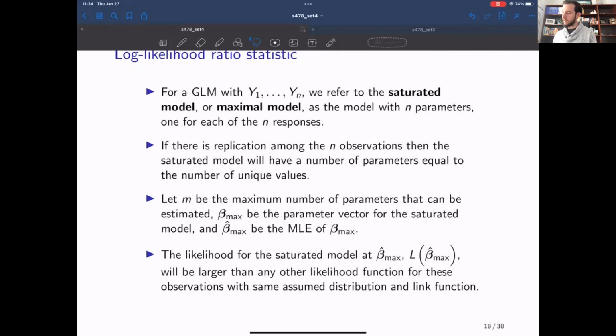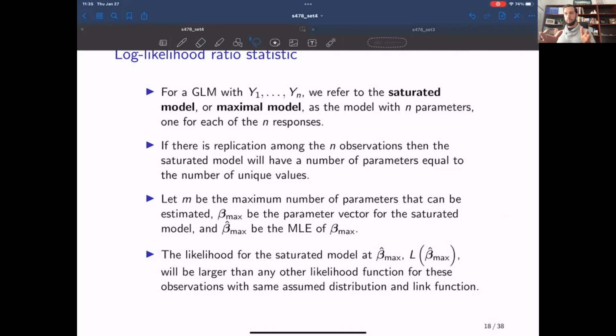Then β̂_max will be the MLE for β_max. For the saturated model, the likelihood at β̂_max is given by L(β̂_max), and this value should be larger than the likelihood for any other model with the same link function and distribution for the response.